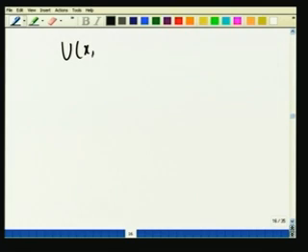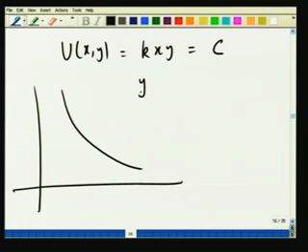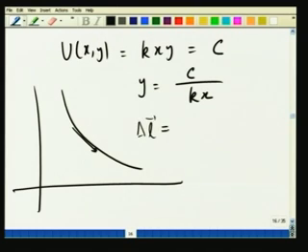This implies that U(x, y) equals k x y equals c, and that means along the constant energy surface, let me take one particular one of them, y is equal to c over k x. If I make a displacement along the constant contour surface or along the constant energy surface or the contour, I am going to have delta L, which is equal to delta x along i plus delta y along j.